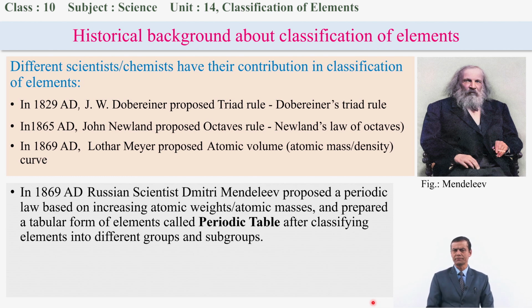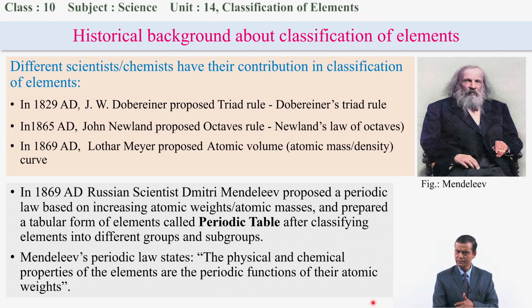Yes, that tabular form of elements is called the periodic table, and we recognize it as Mendeleev's periodic table, which was the first attempt at the scientific classification of elements. After classifying elements into different groups and subgroups, Mendeleev prepared this table. And what does Mendeleev's table look like? We will discuss Mendeleev's table.